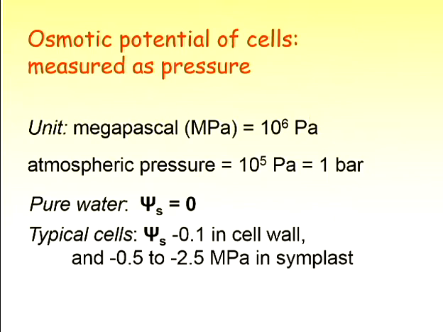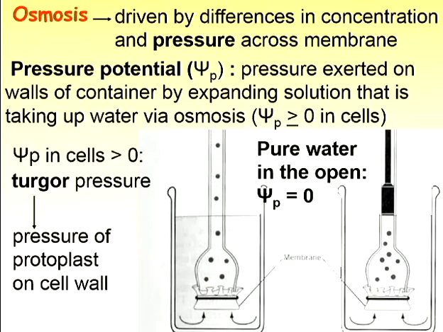So it depends on the species, what they're adapted to, how many solutes they have, and then also it can respond to the environment. So that gives you an idea that solutes have the power to attract water, and we can express this in terms of solute potential, which is a negative number.